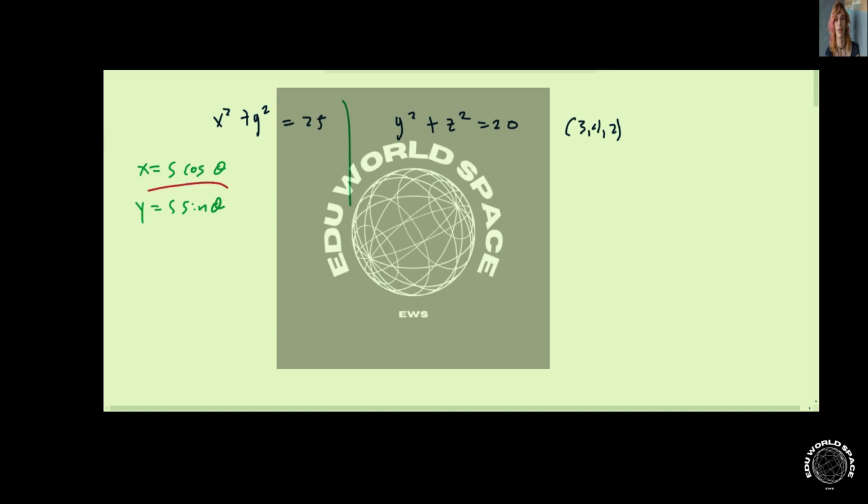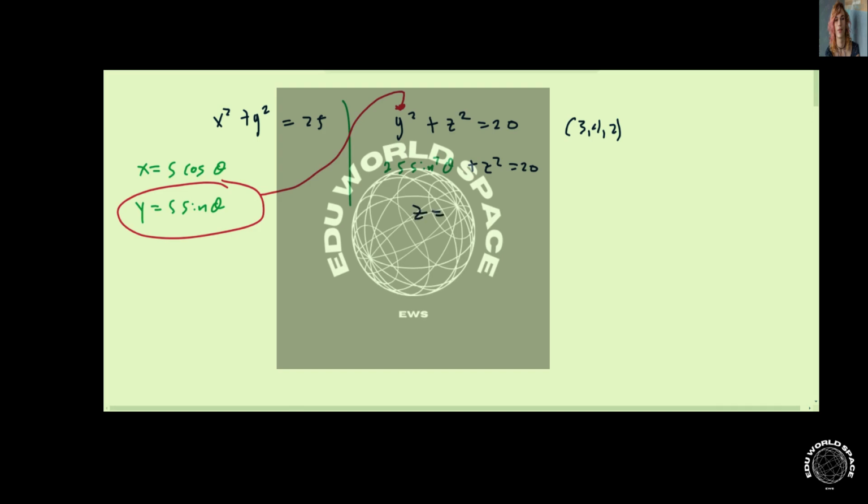So what we can do is take this, plug it in for y, and then solve for z. That is going to give us 25 sine squared theta plus z squared is equal to 20. So we subtract and take the square root.